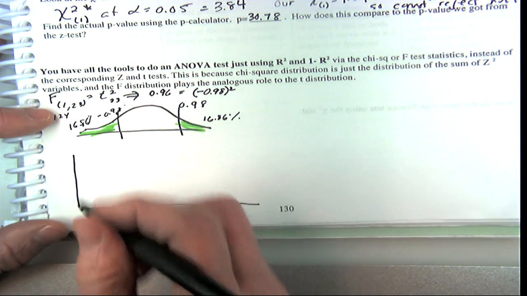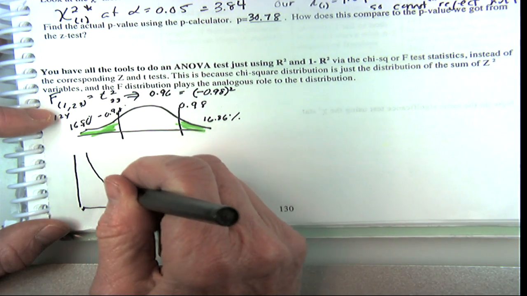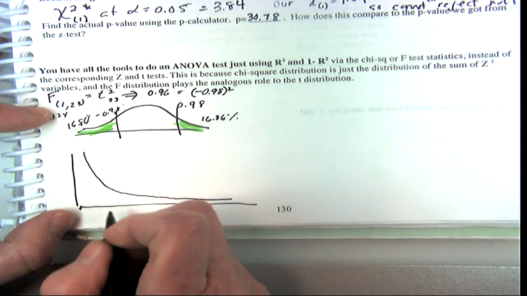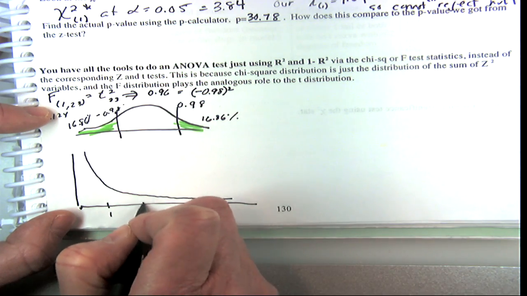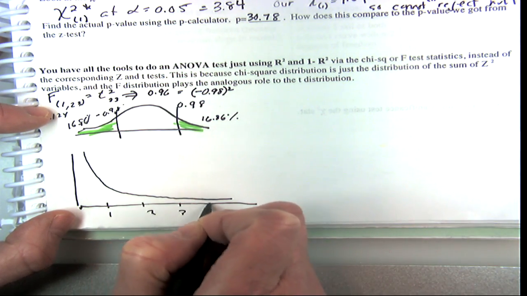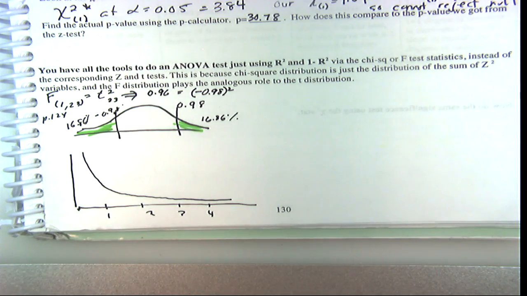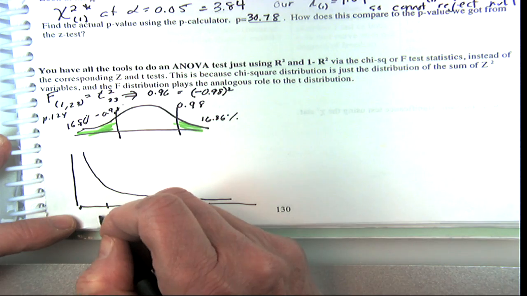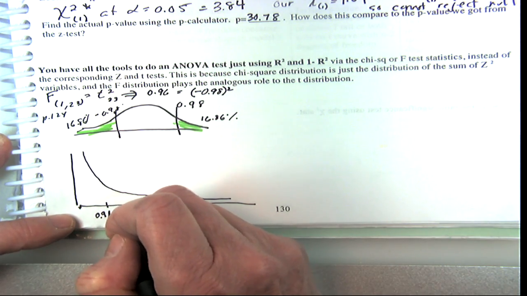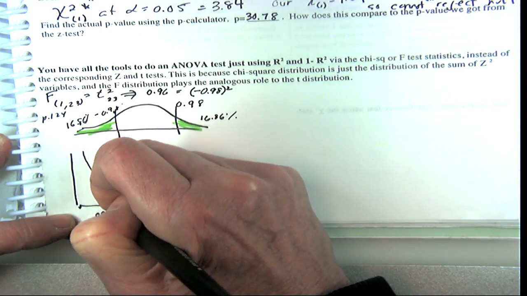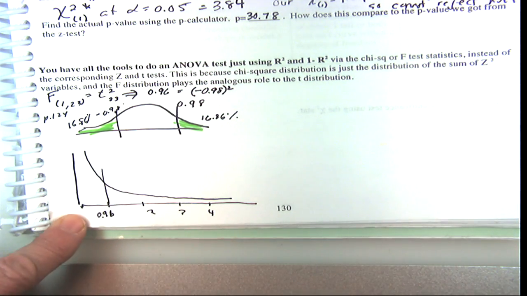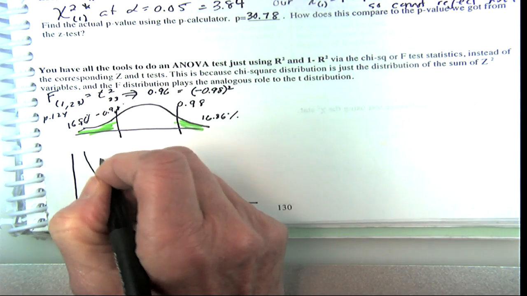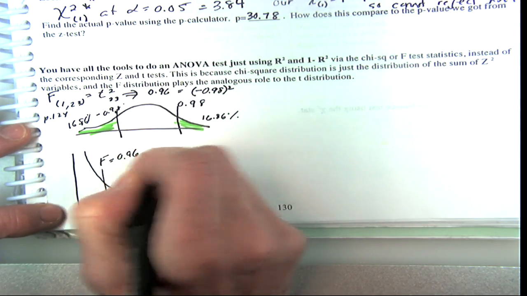So we have this F curve like that, and we have 1, 2, 3, 4, etc. And we said, okay, we got an F here, 0.96 right there. That was our F, and that matches up with the t. So this is F equals 0.96.